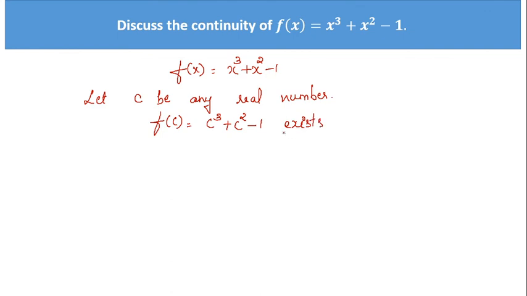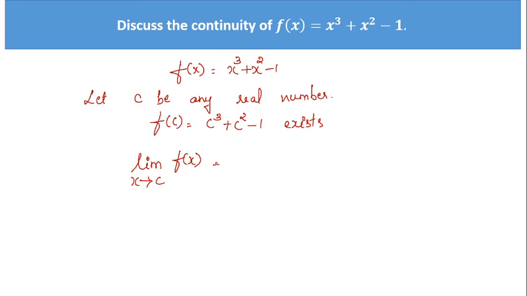What next do you have to do? You have to find the limiting value. So the limit of f of x as x tends to c. Since here the function is defined uniformly, in the same manner for all values, you don't have to check the left hand limit and right hand limit.